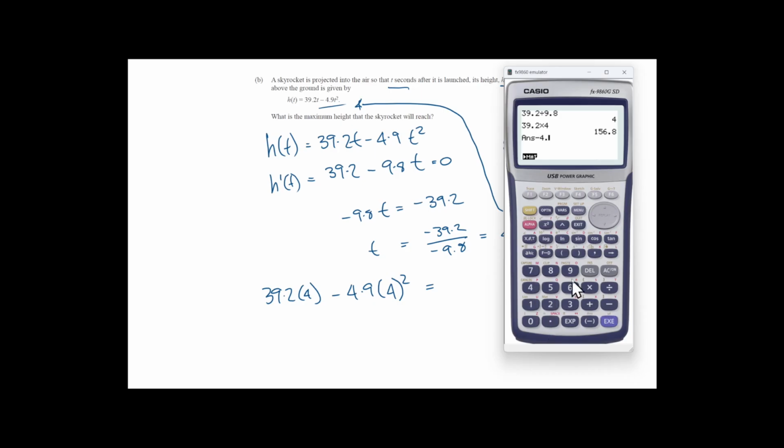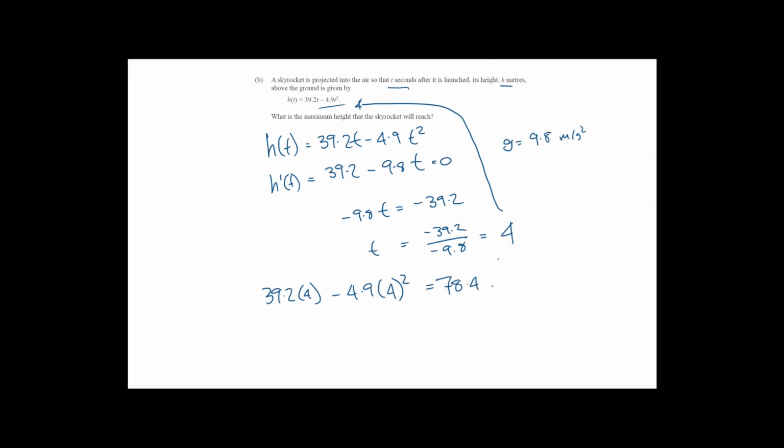Minus 4.9 times, and 4 squared is 16. 78.4 meters. And it's in meters, so our unit is correct. Here's our final answer, 78.4 meters.